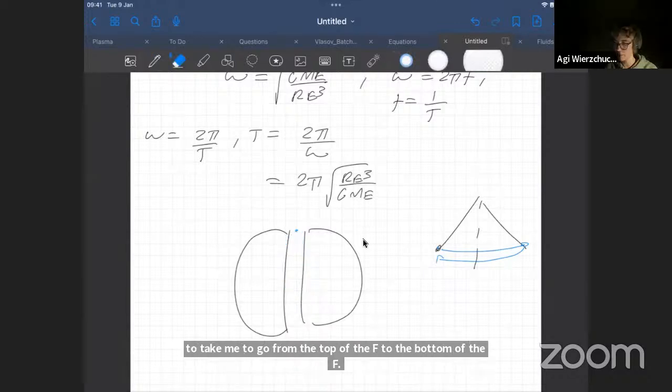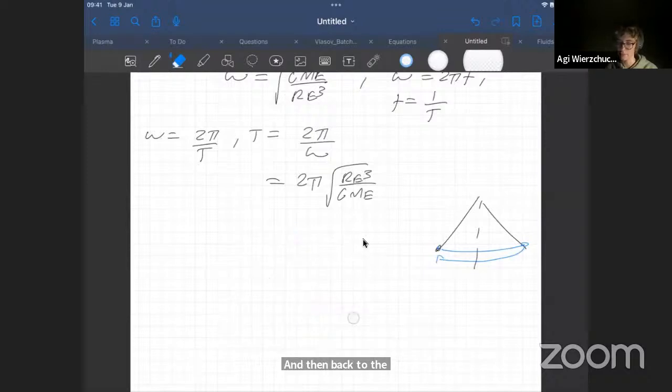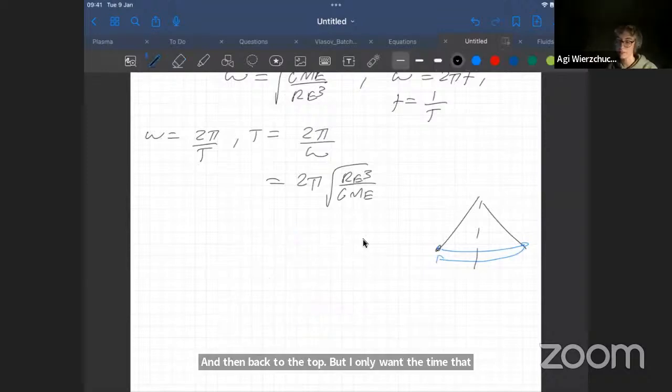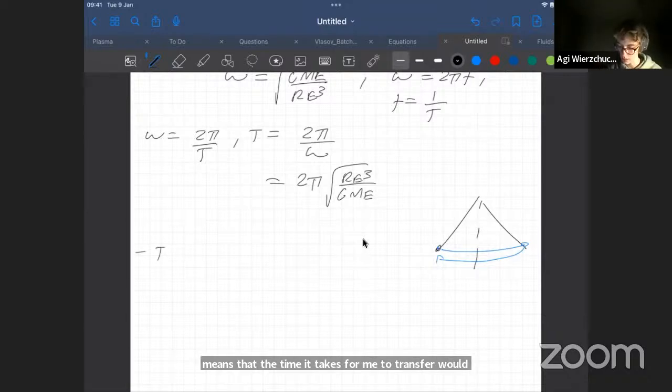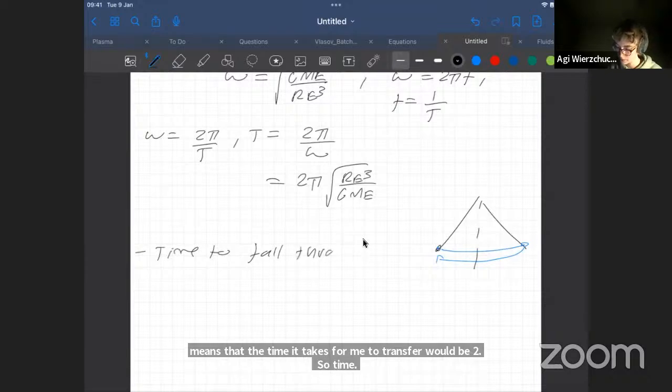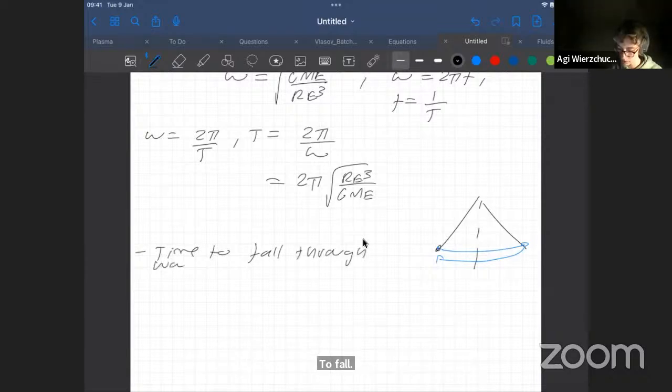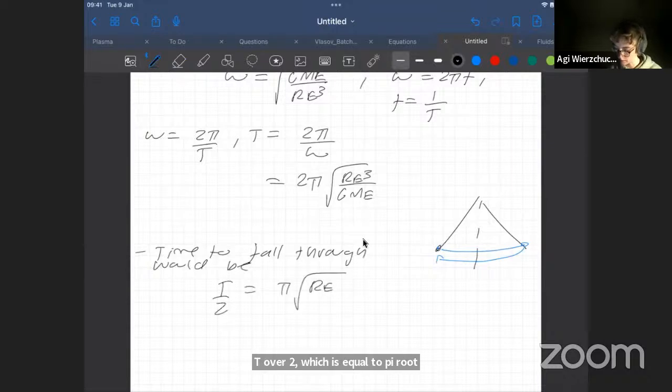But I only want the time that it takes for me to go from one end to the other, which means that the time it takes for me to traverse the Earth would be T over 2. So time to fall through would be T over 2, which is equal to pi root RE cubed over GME.